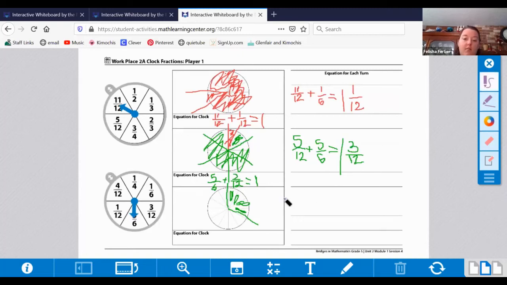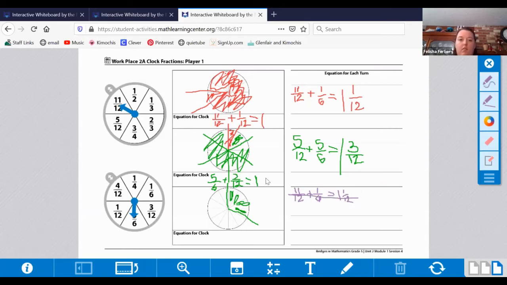But I'm going to record that because it's too big. 11 twelfths plus 1/6 is 1 and 1/12. I've done that earlier. And then I'm just gonna strike a line through it. Too big, can't do it.